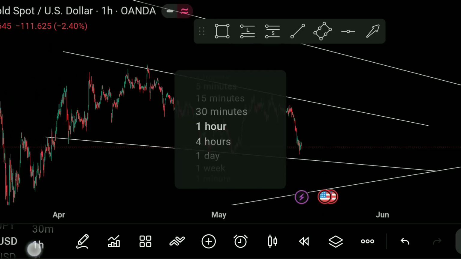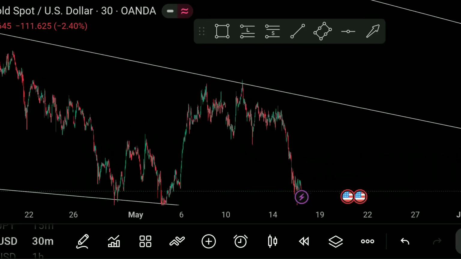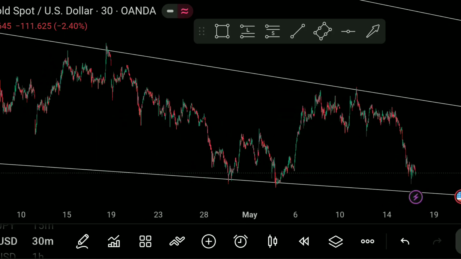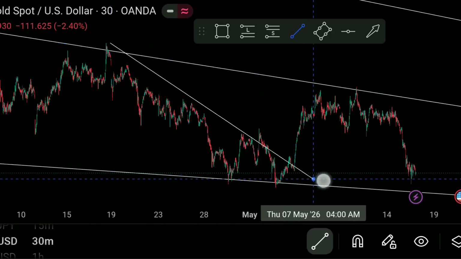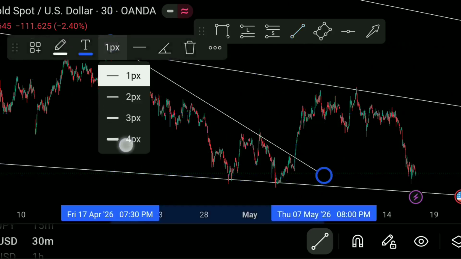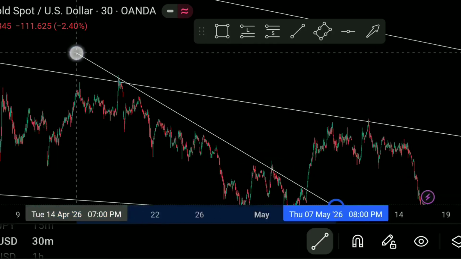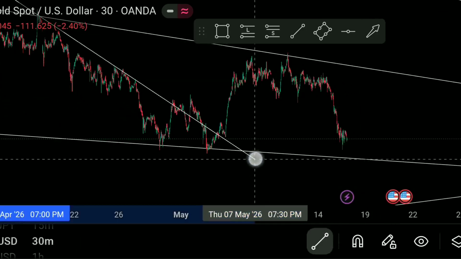Let's come down to the 30 minutes time frame. This is the 30 minutes time frame now. Now if you look at something here, earlier gold was a downtrend. In the 30 minutes time frame, gold was a downtrend. Touch this tip and also touch this tip.